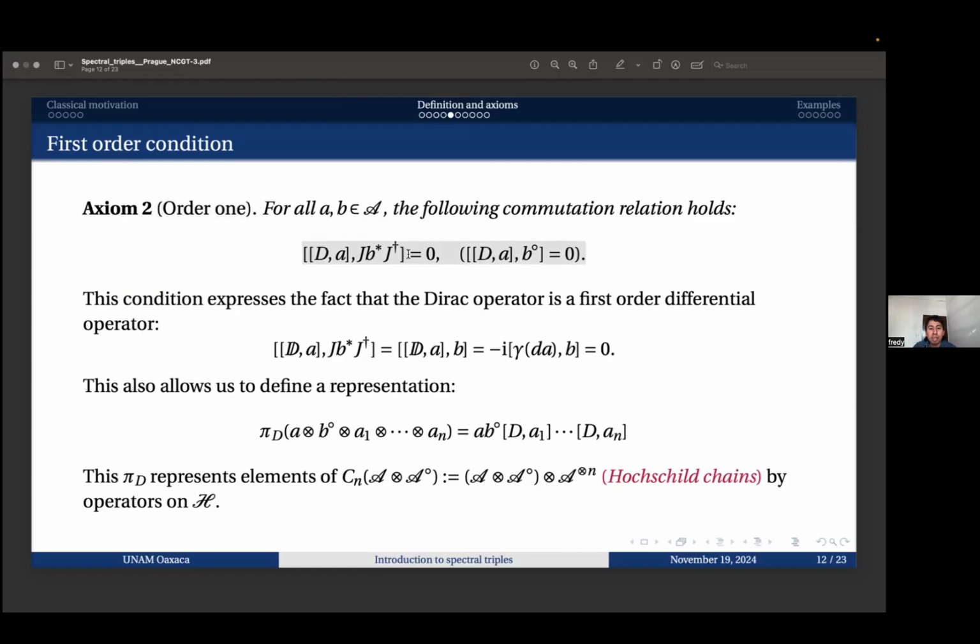I mean, these commutators should be compact, as far as I know. So for the quantum groups, we don't have the first order condition; we have it up to compact operators, not zero. Right. Thank you.